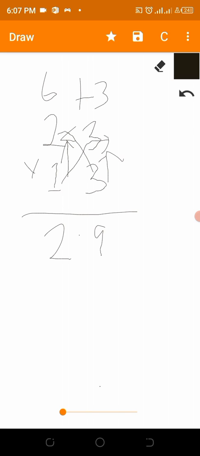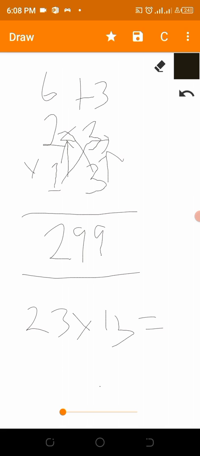Then we add them together. 6 plus 3 is 9. Then you write the 9 here. Do you see it? So our answer is 299. That means 23 times 13 will give us 299.